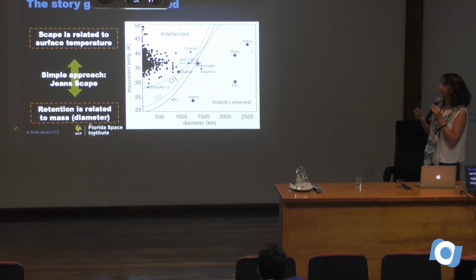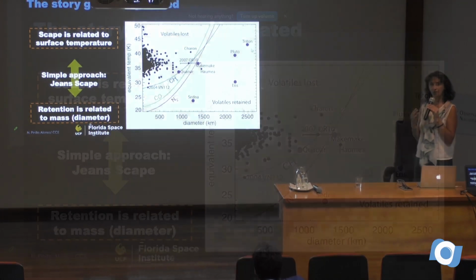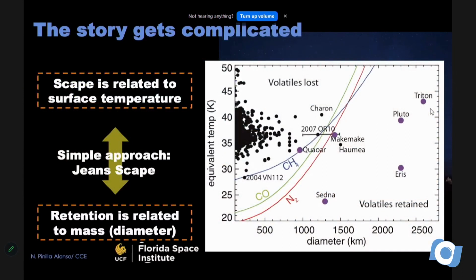But the story gets more complicated, not only because of the dynamics of the origin, but also because of how the surface of these objects evolves. We are trying to guess what they had on the surface, where they formed, to see how the disk was shaped. But from that moment to now, even if they are the least processed objects, the surface materials are processed in different ways.